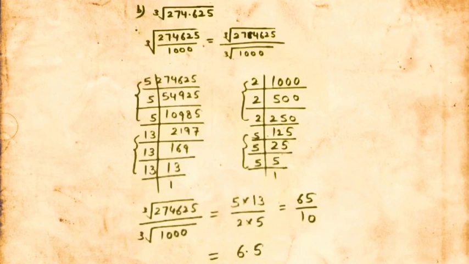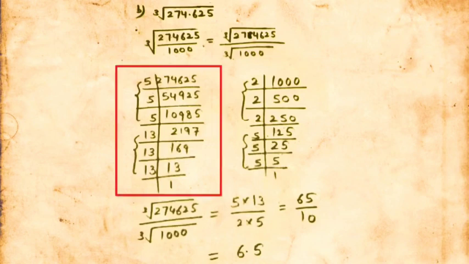To find the cube root of 274625, we go for the prime factorization. Firstly it is divisible by 5, giving 54,925. Again it is divisible by 5, giving 10,985.